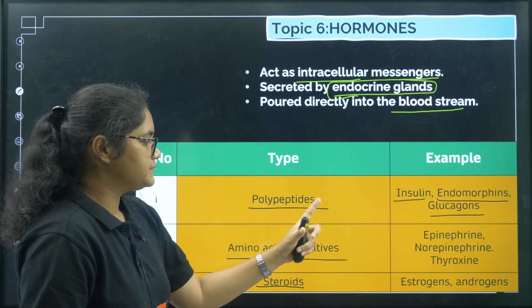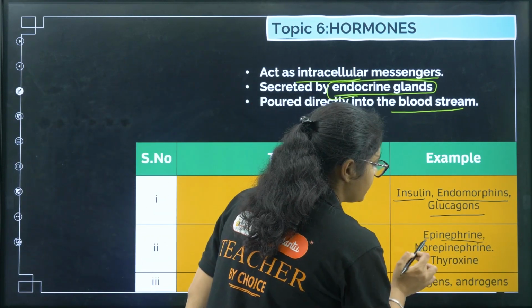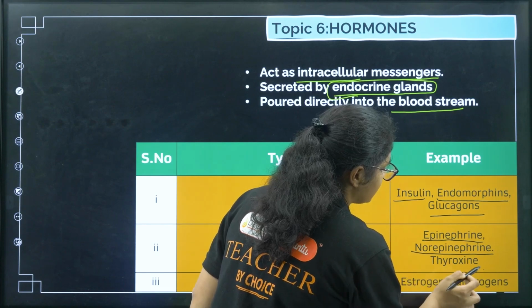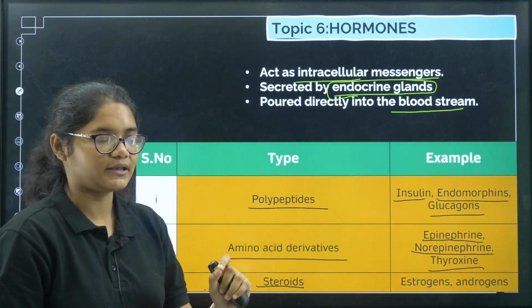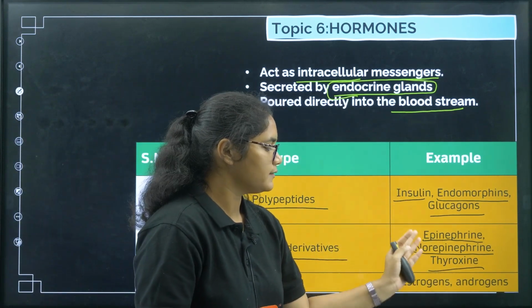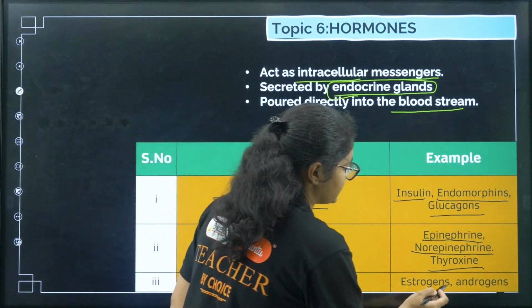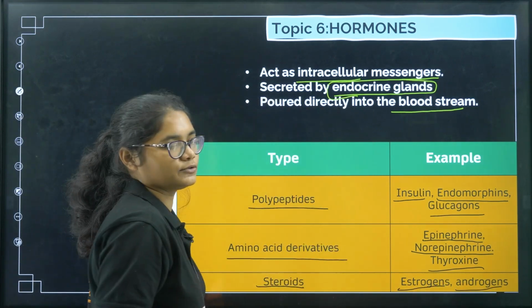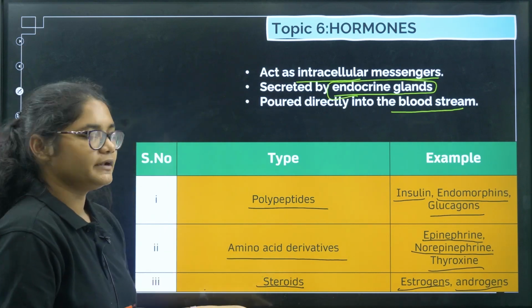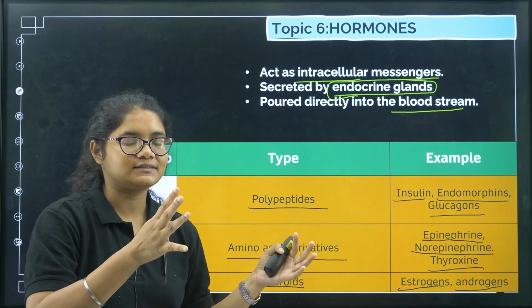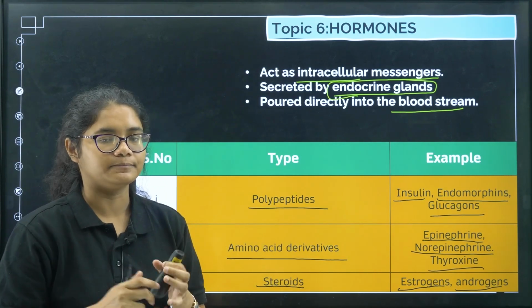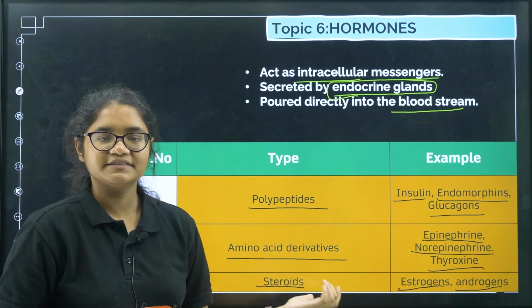Amino acid derivatives examples: you have epinephrine, norepinephrine, and then thyroxine. Last one, steroids: you have estrogen, androgen, and testosterone.